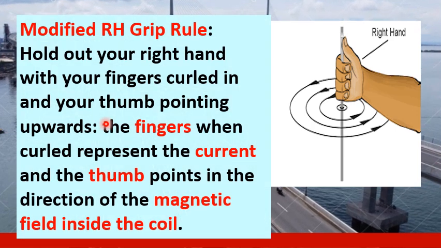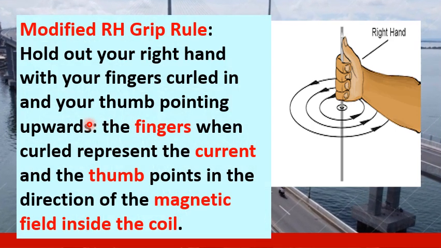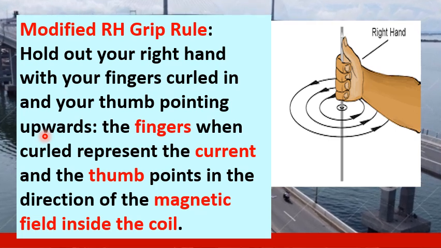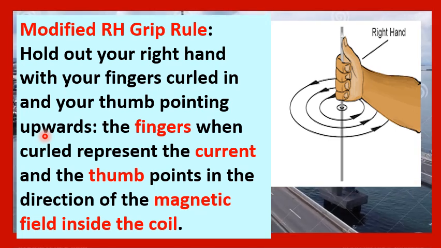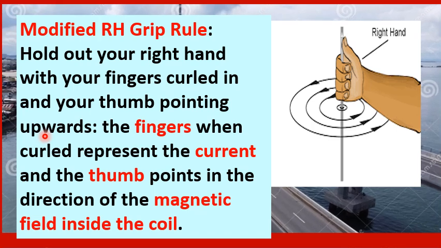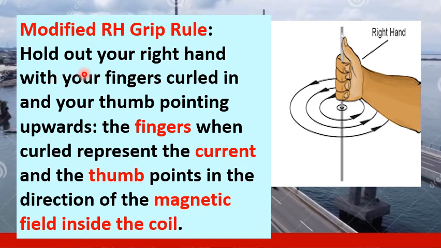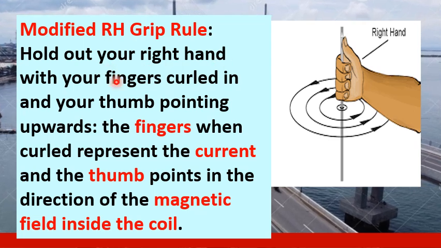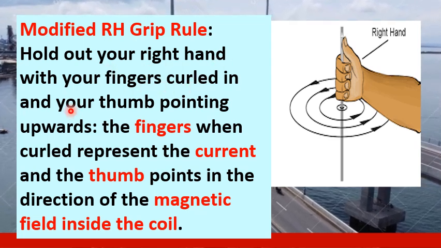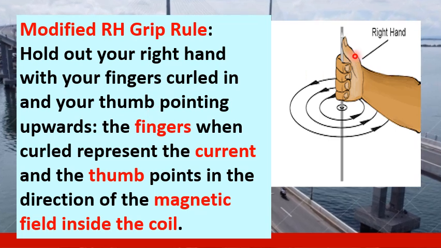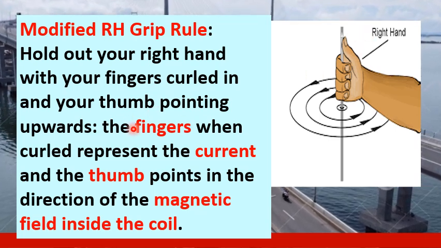For a current carrying wire that is formed into a circular loop or coil, the right hand grip rule may still be used, but we need to modify it. Hold out your right hand with your fingers curled and your thumb pointing upwards, right?